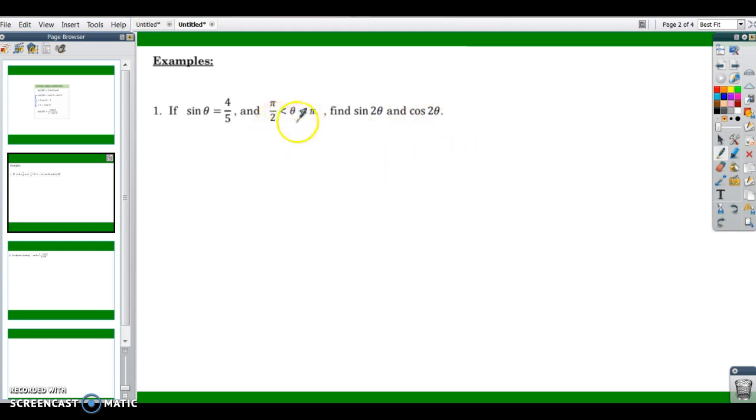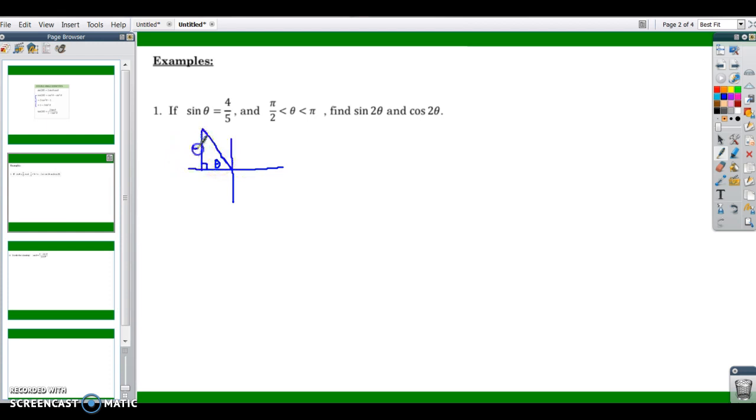Okay, so I know that it is in the second quadrant because it's between pi over 2 and pi. So I'm going to go ahead and draw that out first. Very similar to some of the problems we did before as far as drawing ourselves a picture to start. Okay, so just a rough sketch. Here's my theta.